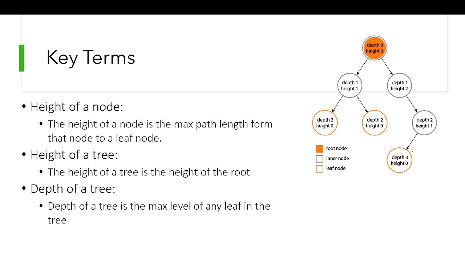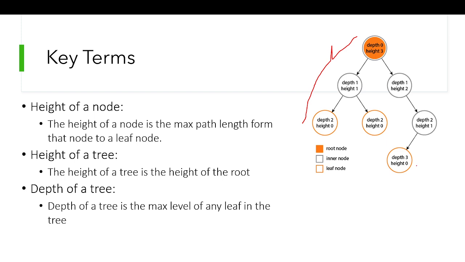Let's understand the meaning of the height of a node. The height of a node is the maximum path length from the node to a leaf node. The nodes that are circled in orange color represent the leaf nodes. So the height of a node is the maximum path length from the node to a leaf.